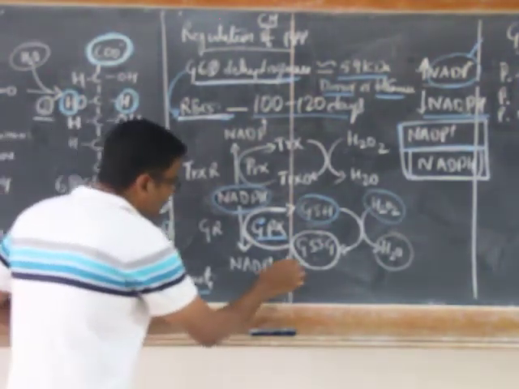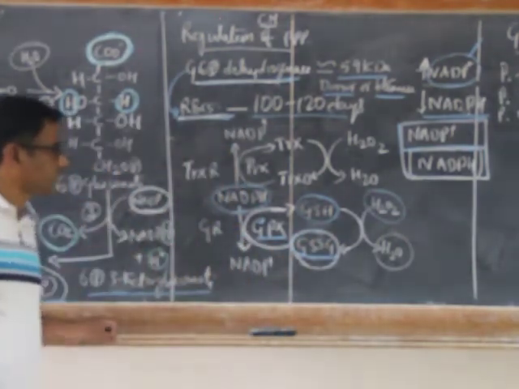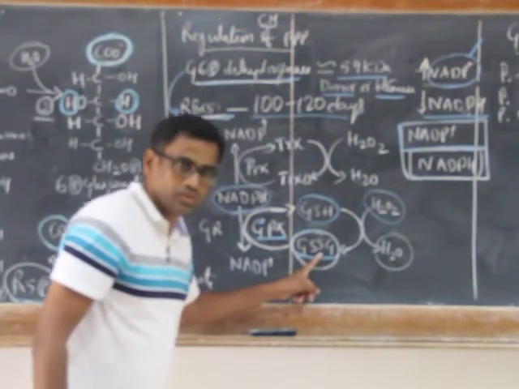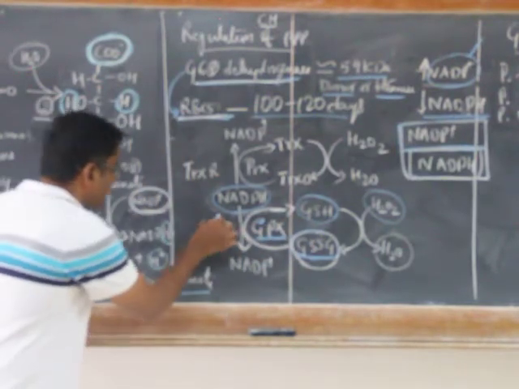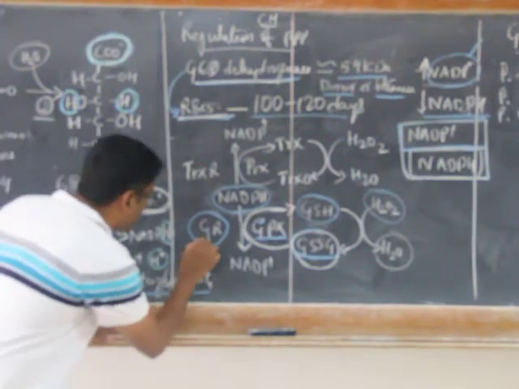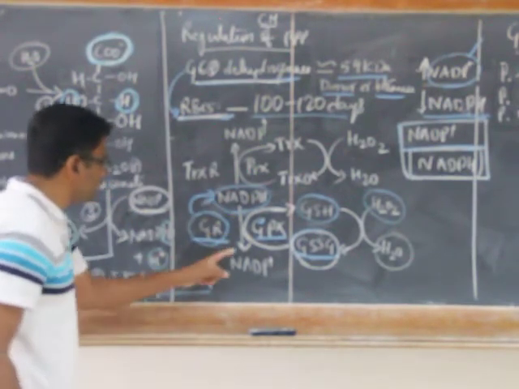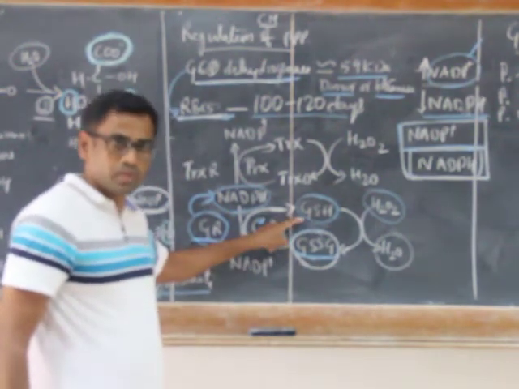However, glutathione is present in the cell in the form of GSSG. That is oxidized glutathione. This oxidized glutathione will be reduced to GSH with the help of glutathione reductase. This glutathione reductase requires NADPH to convert this oxidized glutathione to reduced glutathione.